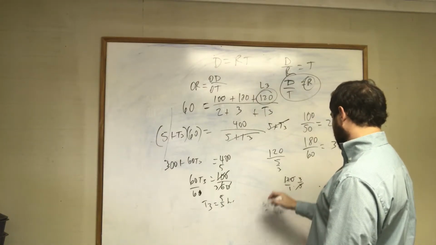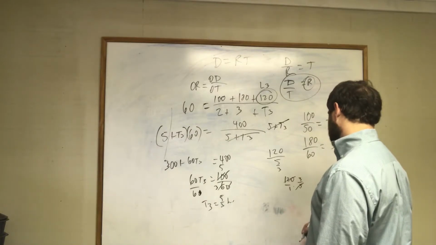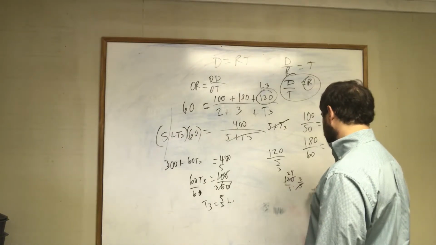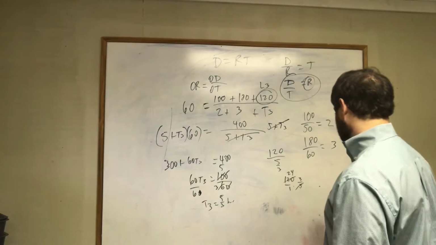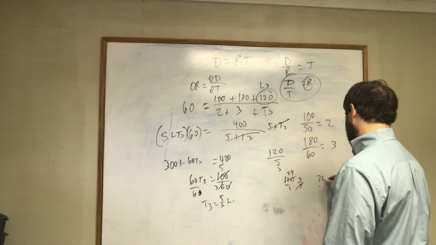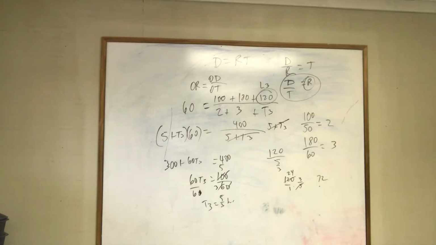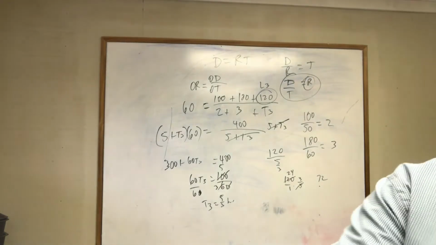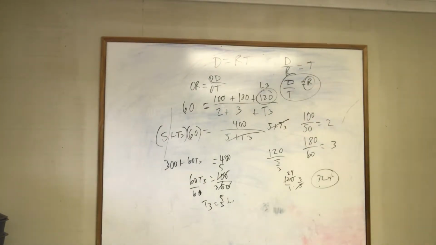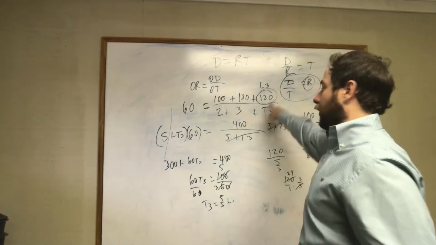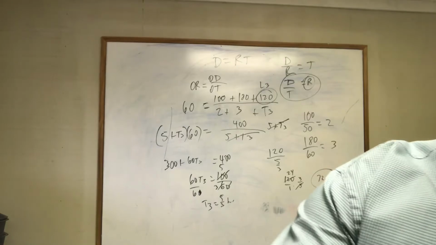The 5 will cancel here. That is 24. 24 times 3 is 72 miles per hour. So 72 miles per hour was the rate for the third leg of the journey.